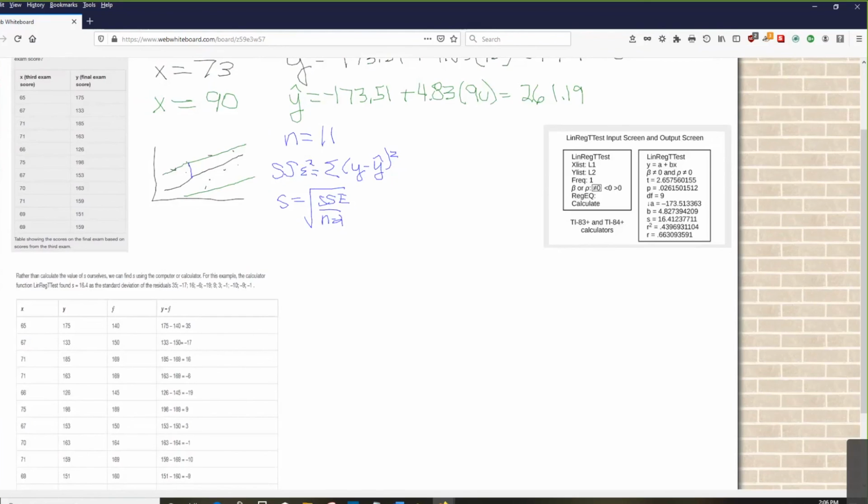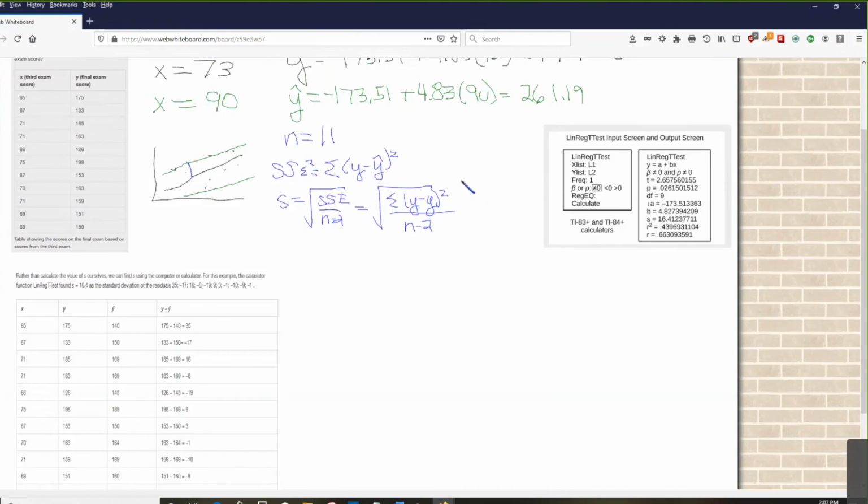And once again, we're doing N minus 2 because we have 2 variables. And if you'll remember, this is the same as the square root of the summation of the data point Y minus the Y from the line, squared, divided by N minus 2. So this is the distance, or the error, between the data point and the line, squared.